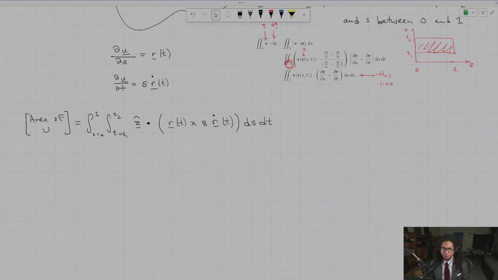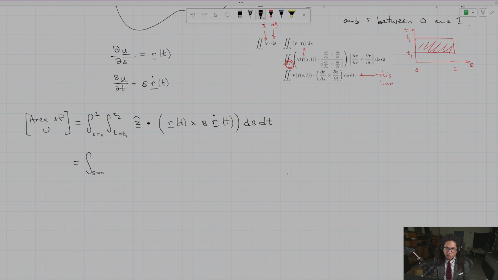All right. So what do I need to do now? Well, I can pull this s out here. Meanwhile, what I have in the middle is sort of miraculous. I have an r times r dot. But that, if I multiply by the mass, is exactly equal to the angular momentum at time t.